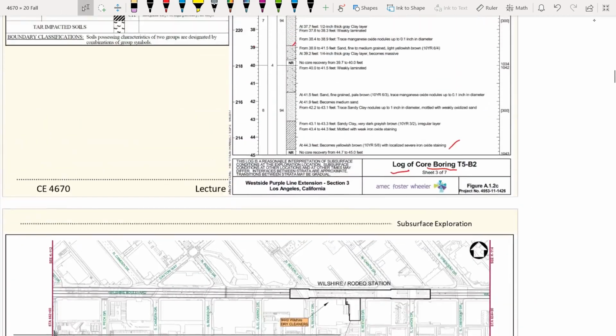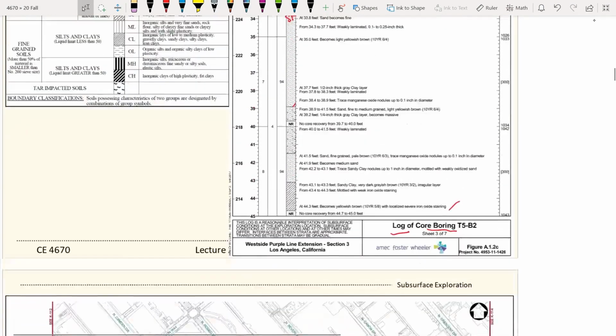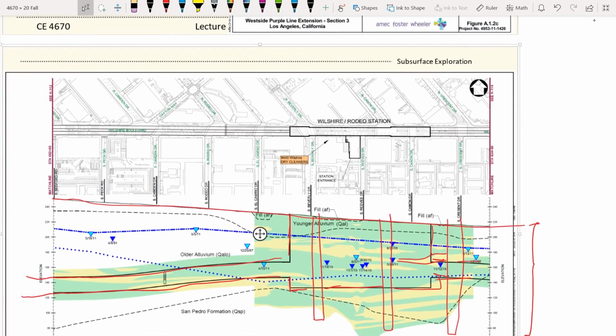So these two slides give you an overview of how geotechnical practice makes use of geotechnical data. But the focus of this lecture will be on SPT and CPT testing in more detail.